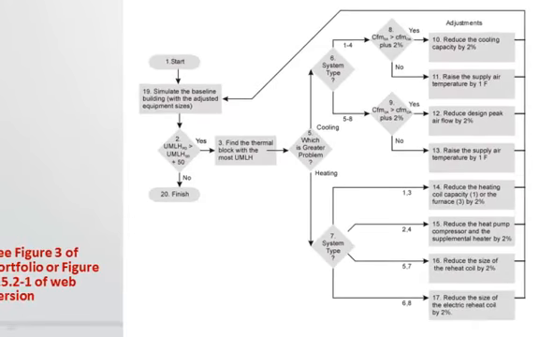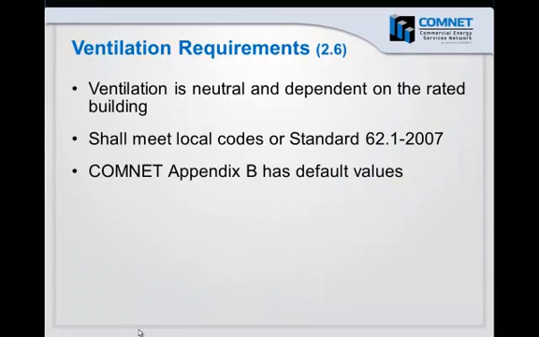The types of adjustments that you make are shown in steps 10, 11, 12 through 17, and they depend on whether the problem is mostly heating or mostly cooling, and it also depends on the system type itself, one of the 1 through 8 systems. And then the final thing in chapter 2 that I wanted to talk about is ventilation requirements.